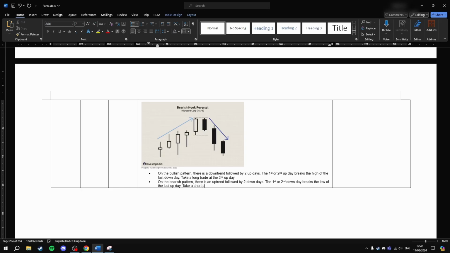Take a short position, take a short trade at the second down day.